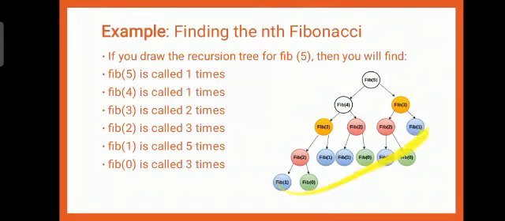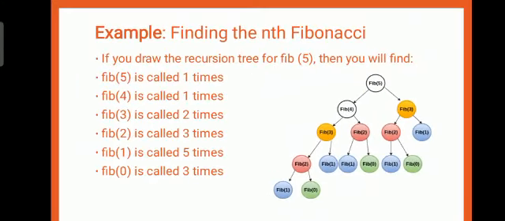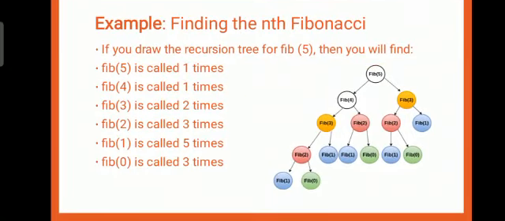From the example we can understand a little bit. If you draw the recursion tree from Fib5, then you will find these results as in this diagram. Fib5 is called one time and Fib4 is called one time.